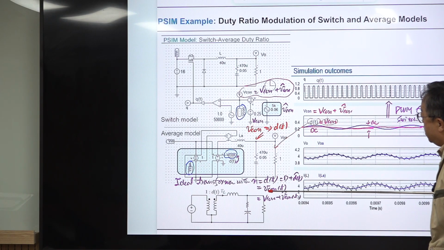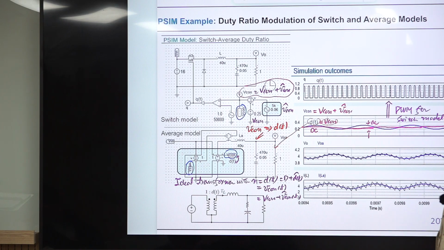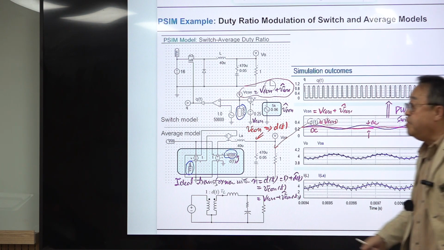And the V con is also a DC plus AC component in the previous simulation. Okay, you don't have to generate this first and somehow derive this. You can do it the opposite way, which is much easier than the previous direction.